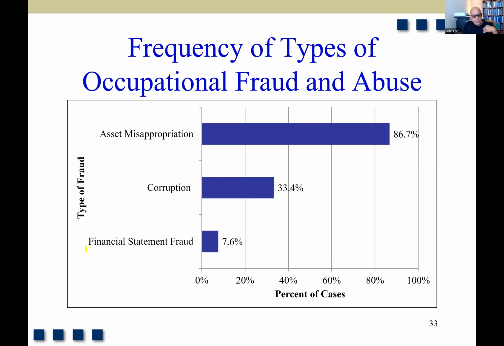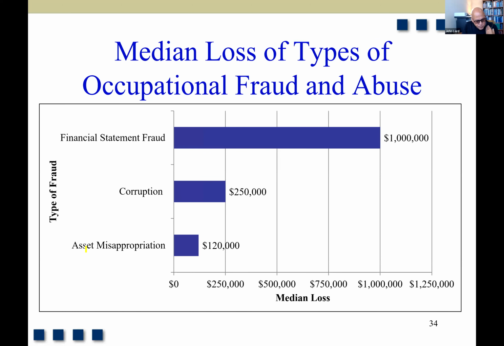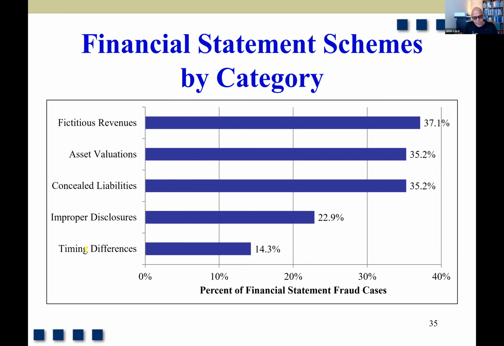Okay, understanding the type of crimes: misappropriation of assets, stealing, right? Financial statement fraud, you can see down there as well. You can see the amounts associated with these different things, financial statement fraud being a large median loss there, okay? And then by categories.